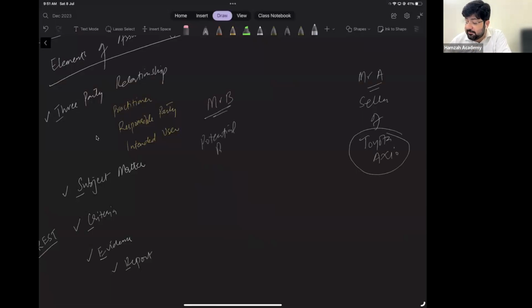Mr. A is saying it is in good condition, non-accidented, wonderful, I have used it, you can buy it. But Mr. B does not know the technicality. So Mr. A is the seller, the responsible party. Mr. B has to use it. Mr. B is the intended user. The subject matter is the car in this case.